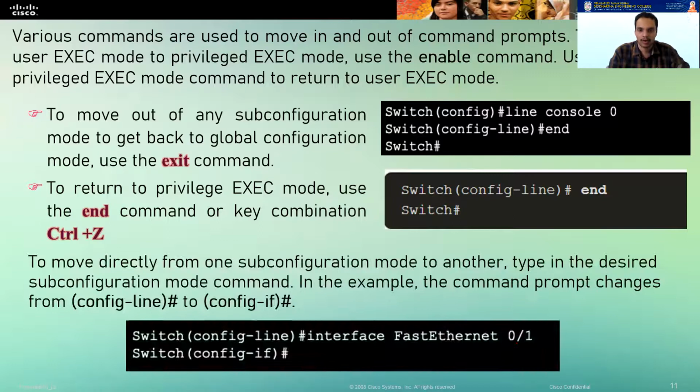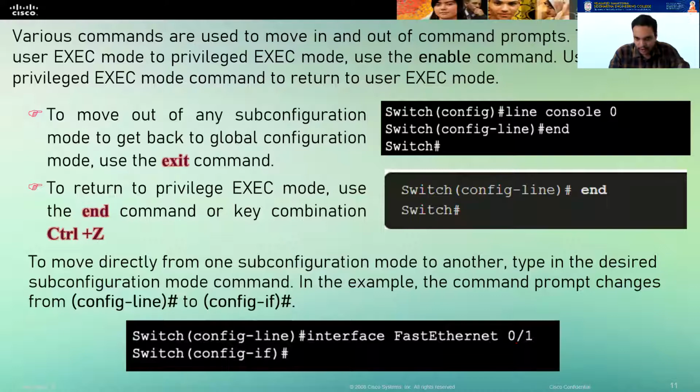Now, as shown here, you need not manually enter all these end and exit commands each and every time. Whenever you want to type in new commands, or change your sub configuration mode, simply type in the command and the iOS will change automatically for you. You need not do anything else.